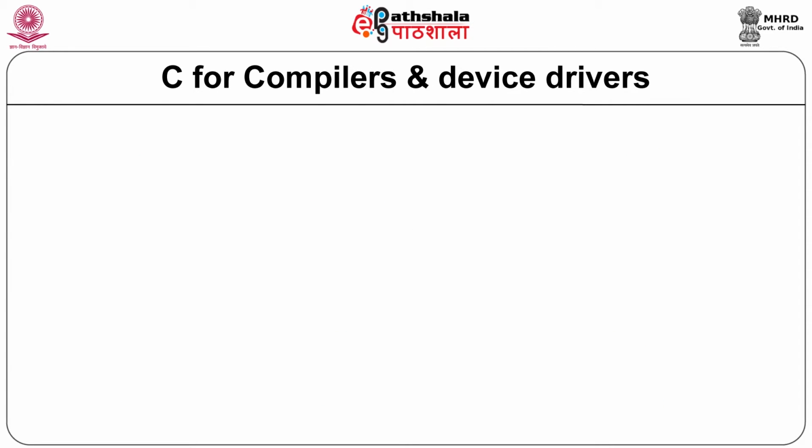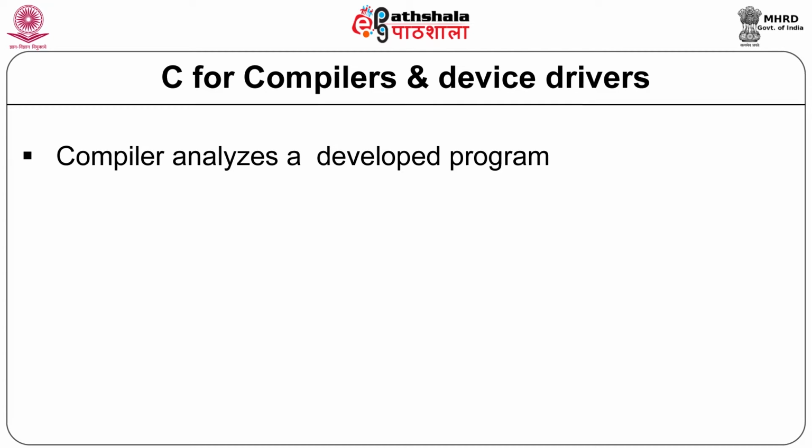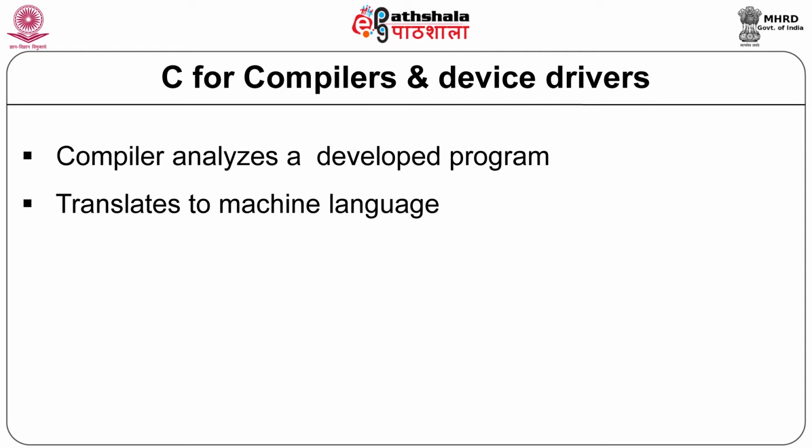C for compilers and device drivers. The compilers analyze a program developed in a particular computer language and then translate it into another format that is suitable for execution on your particular computer system.